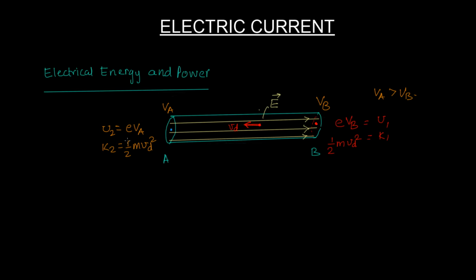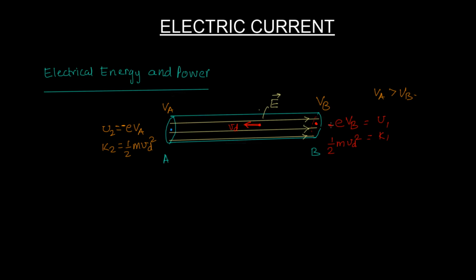Now let us talk about the total energy. The total energy is the sum of these two. And this is negative, so don't forget that this is minus, and there is a minus there as well. Why?